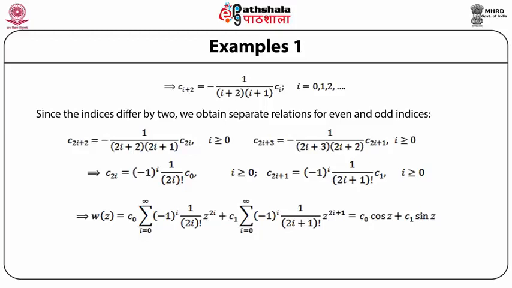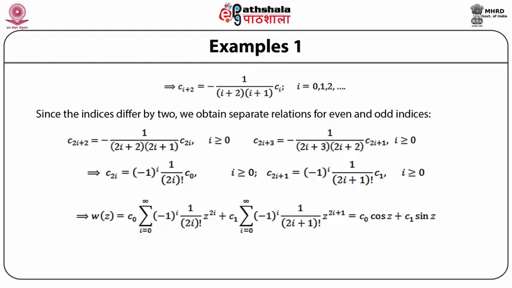These recurrence relations yield c_2i is equal to minus 1 raised to power i into 1 by (2i) factorial c_0 for i greater than or equal to 0. Similarly, c_(2i+1) is equal to minus 1 raised to power i, 1 by (2i plus 1) factorial multiplied by c_1 for i greater than or equal to 0.